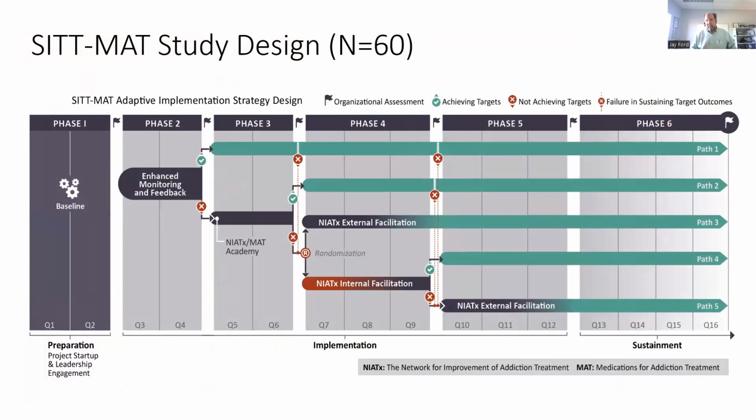But what's unique about this particular strategy is we're deploying an adaptive implementation strategy where the adaptation is based on actual performance. So depending on how the organization does when it is exposed to a strategy like enhanced monitoring and feedback, if they achieve our goals, our target criteria, then they'll move up into a sustainment phase. And unless they relapse at this point or this point, they'll remain on this path throughout the rest of the study.